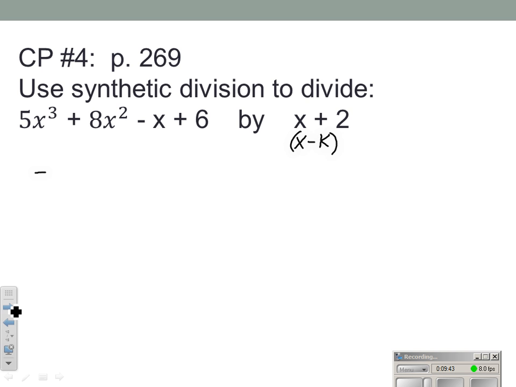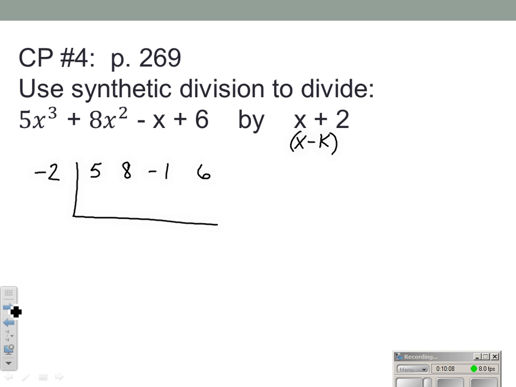X minus a minus 2 is positive 2, right? So put your negative 2 down off to the side. Then, give yourself the synthetic division box. Here's now where we list our coefficients in descending exponential order. We're not missing any powers of x this time. So you've got a 5, an 8, a -1, and a 6.